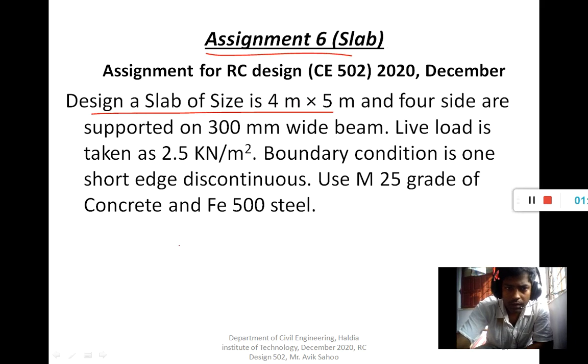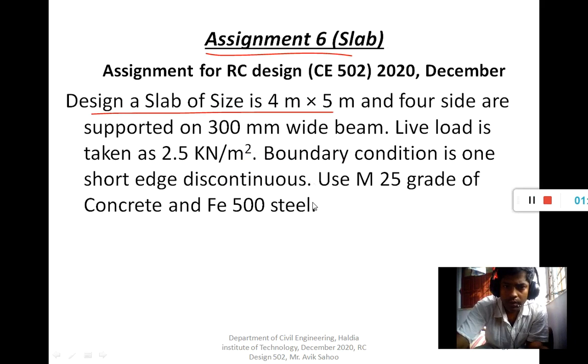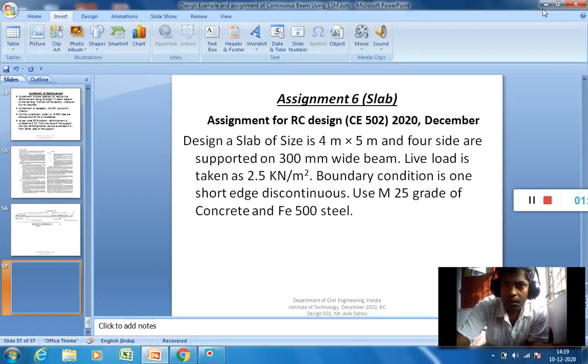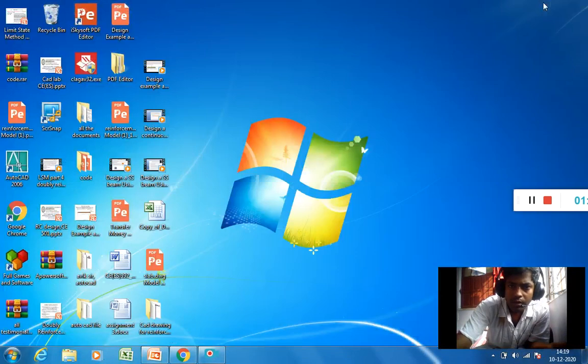Next, another topic I want to discuss: when you know the design procedure properly, after that you can make a computer code in Excel or in MATLAB or in C language.